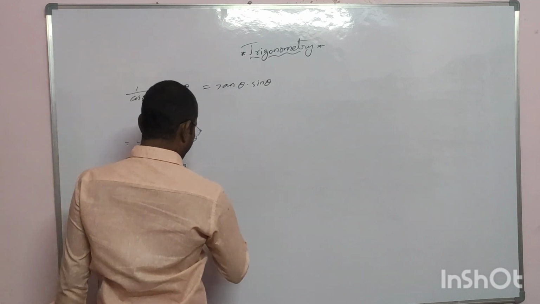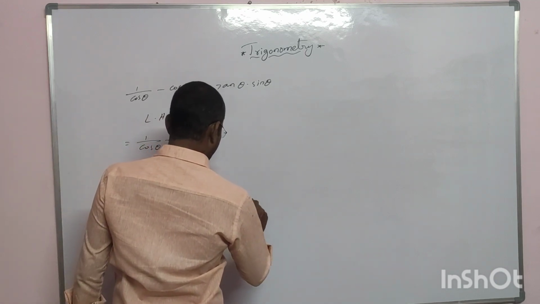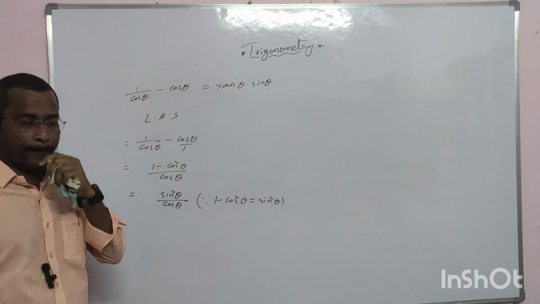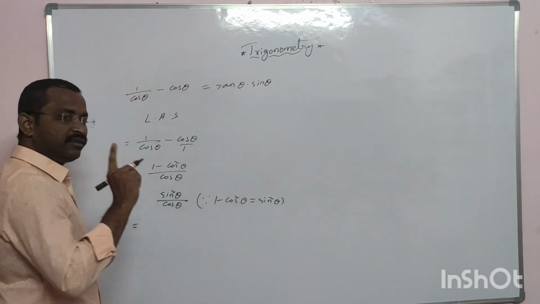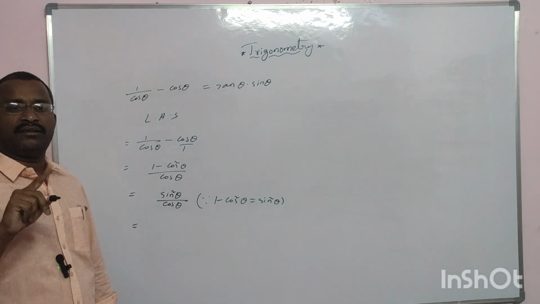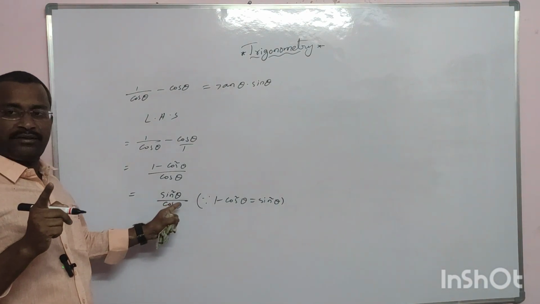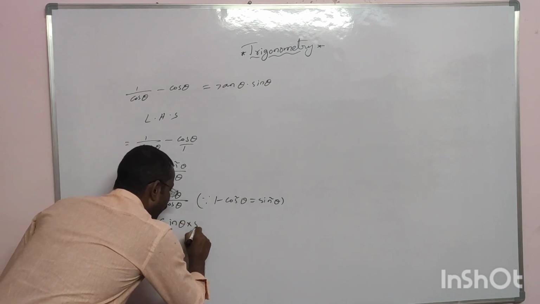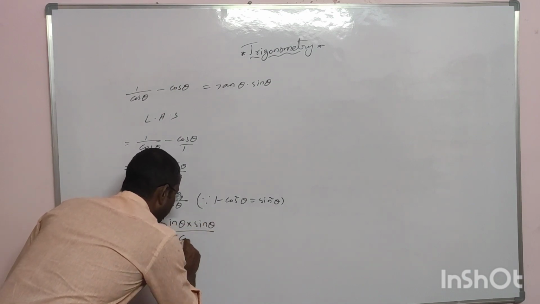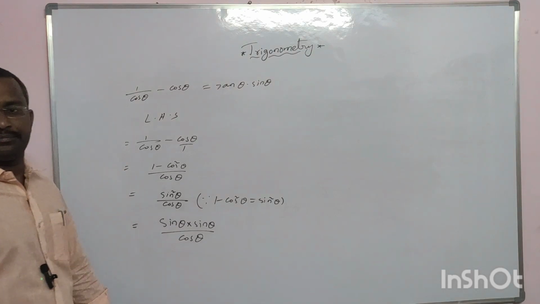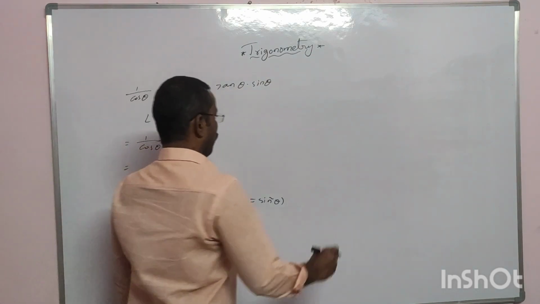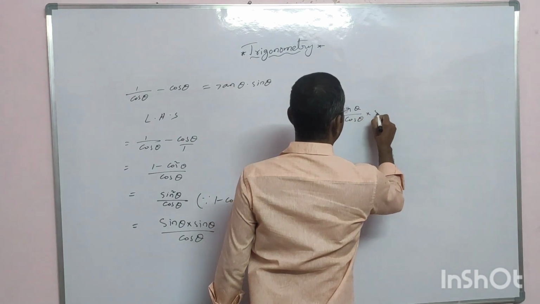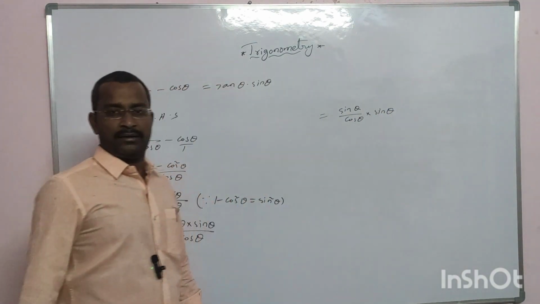Since 1 minus cos square theta is equal to sin square theta. Okay, so now sin square theta can be written as sin theta into sin theta, because a square can be written as a into a. So I am writing sin square theta as sin theta into sin theta by cos theta. I just want to write it like this: sin theta by cos theta into sin theta. Is that correct?